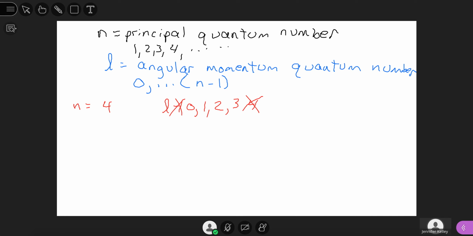So you have different characteristics of that. If you get into a class on structure and bonding or physical chemistry, those will go over more of exactly what L is and what it means. But for now, we just need to know that it has something to do with the orbital.